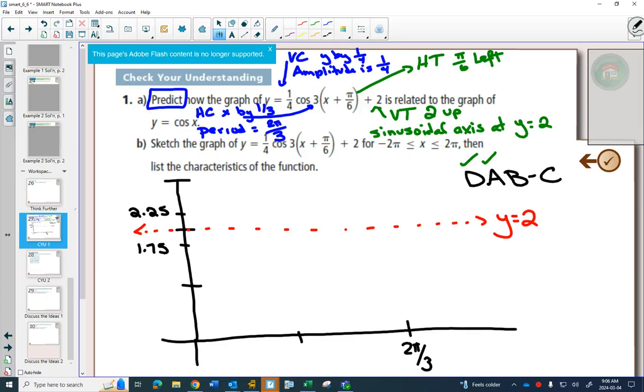So cut in half, each of those sections would be pi over 3, pi over 6, and 3 pi over 6, which is pi over 2. Our B value is done.